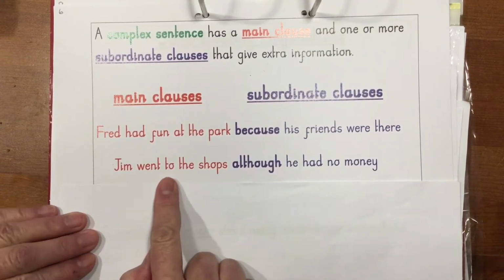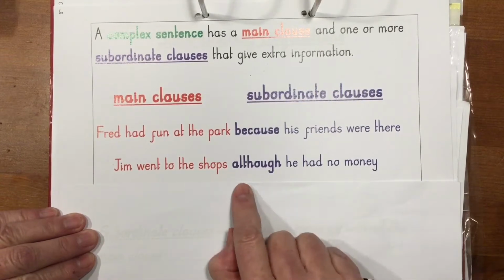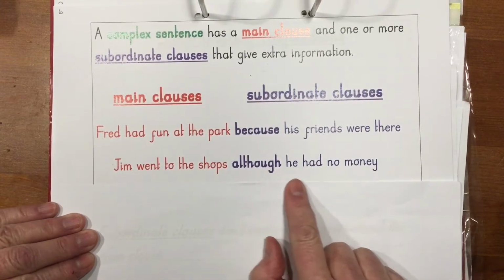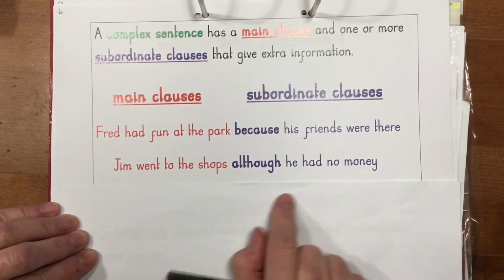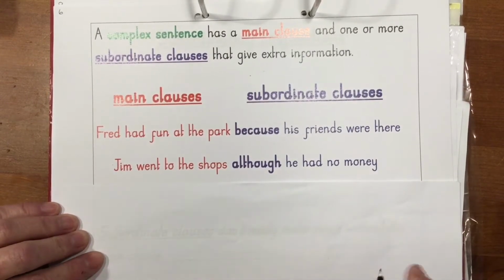This main clause, Jim went to the shops, could have the subordinate clause, although he had no money, and that gives extra information to the fact that he went to the shops even though he had no money.